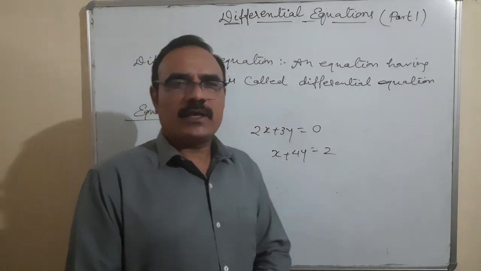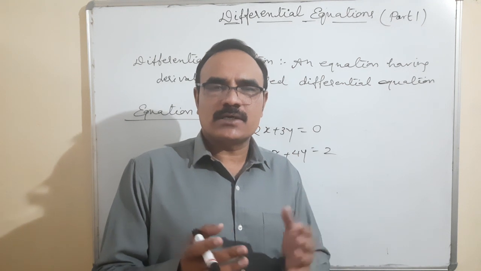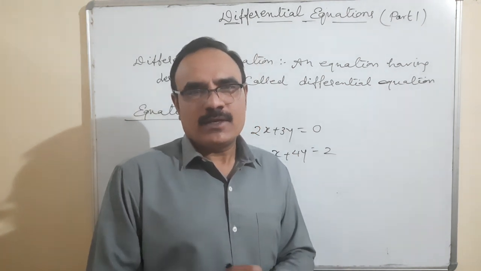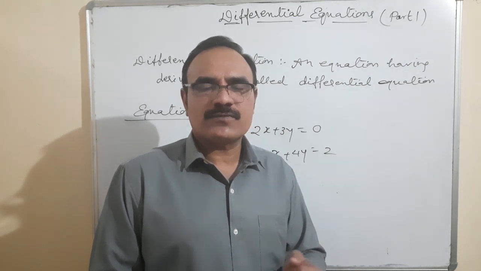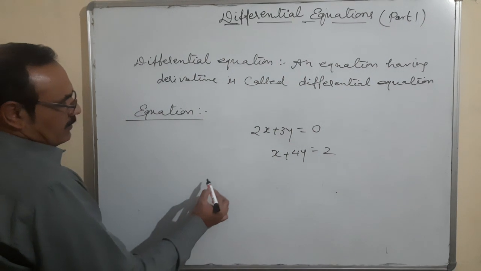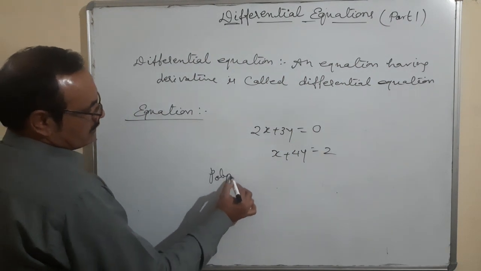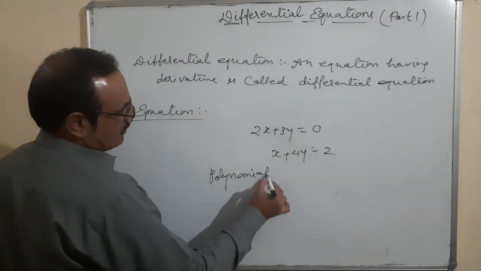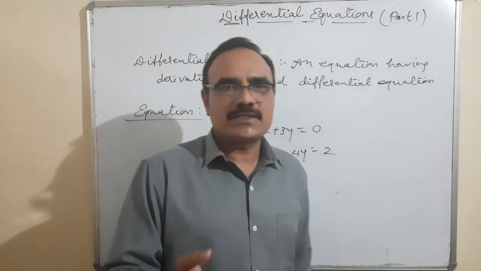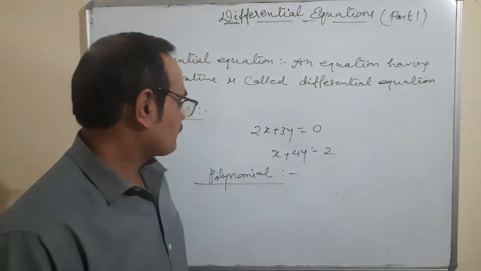What is an equation? Actually, this term comes from the polynomial. So before going to equations, first we'll have to understand about the polynomial. It is actually some basic and general things which we are discussing here.